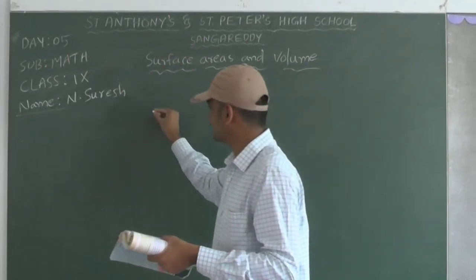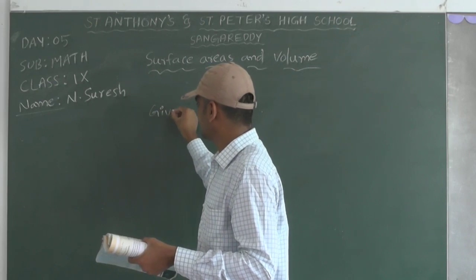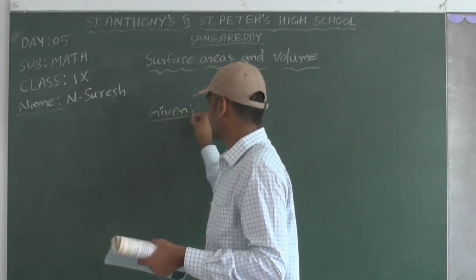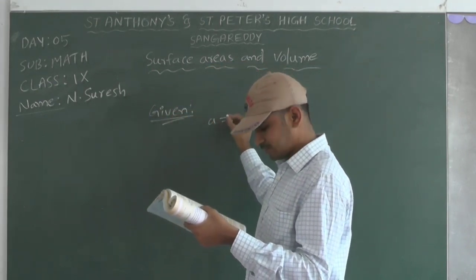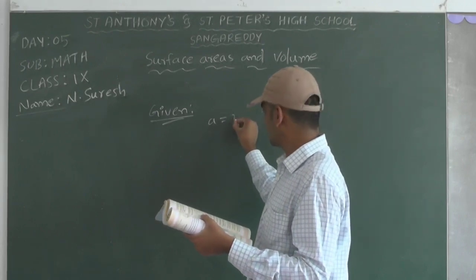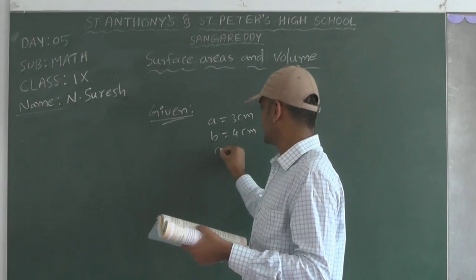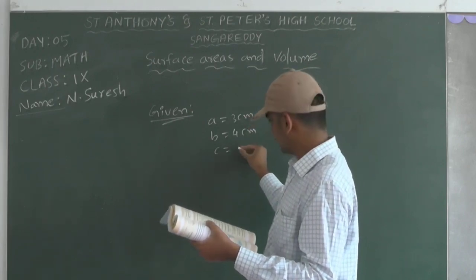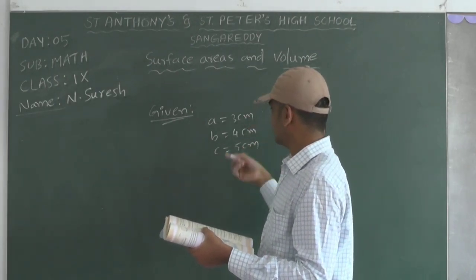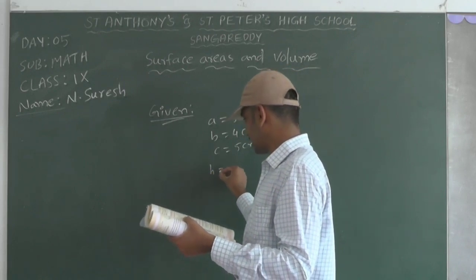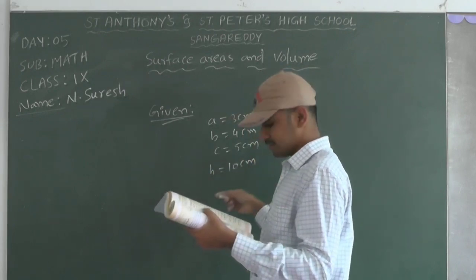So what is given? The 3 sides of the triangle are given. A equals 3 centimeters, B equals 4 centimeters, C equals 5 centimeters. Next, the height of the prism is also given, h equals 10 centimeters.